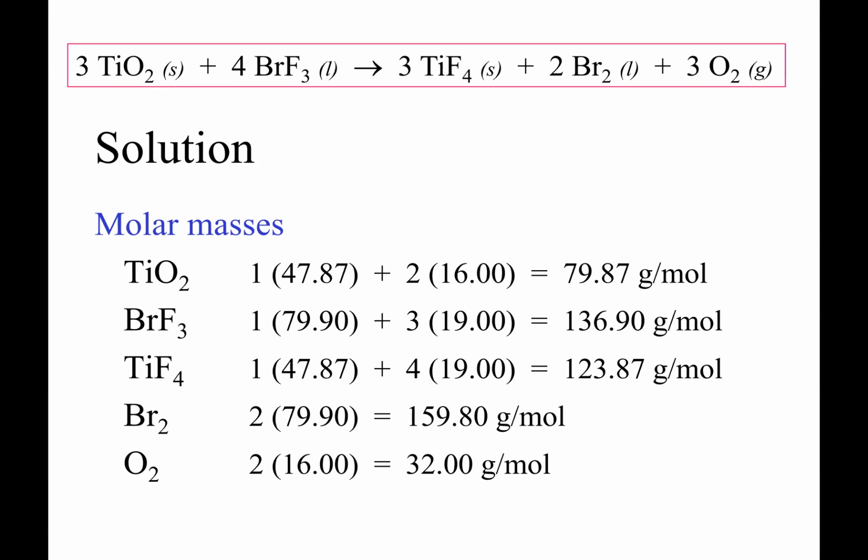Then you move to the next one, using the molar mass to get moles of O2. Then we can go from moles of O2 to moles of Ti. So do the ratio.